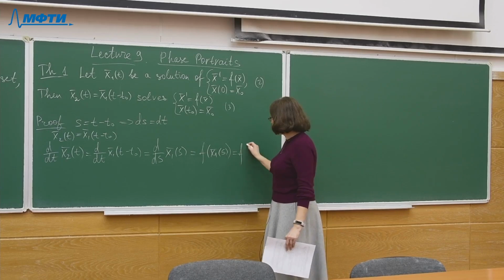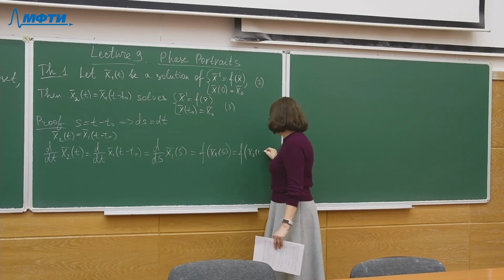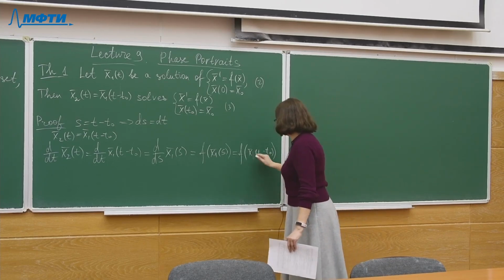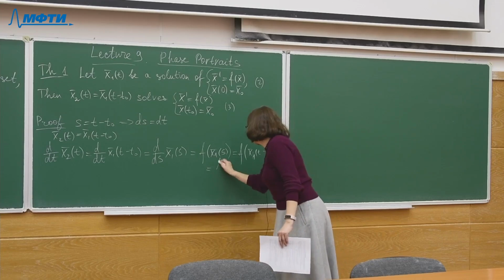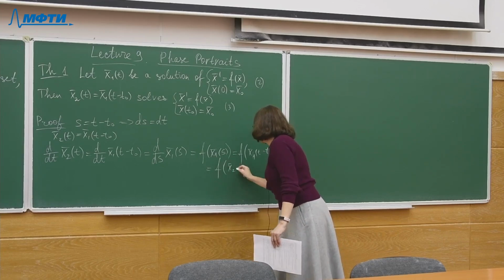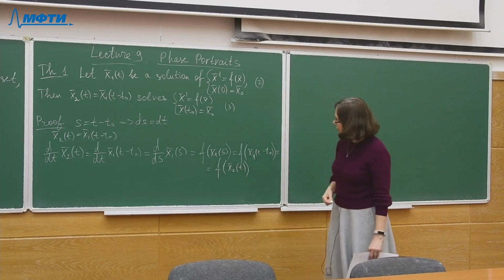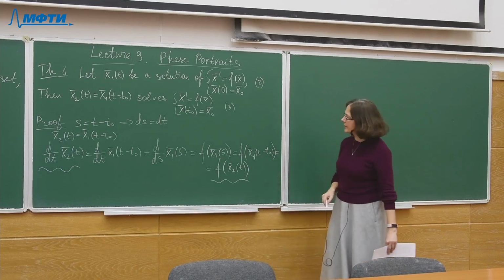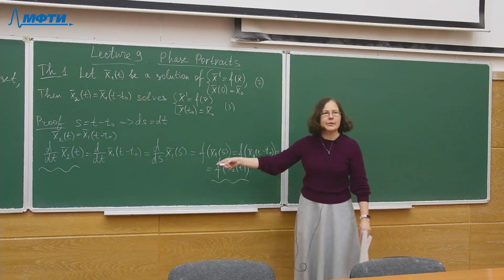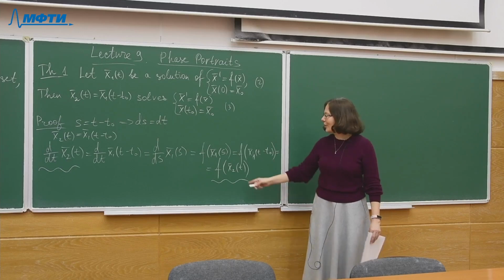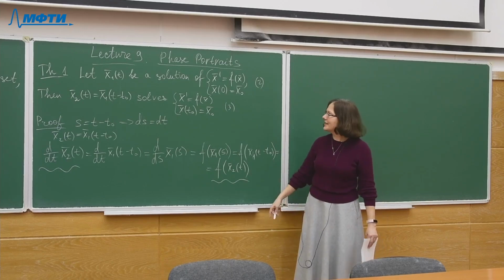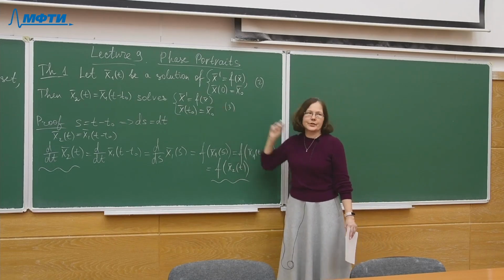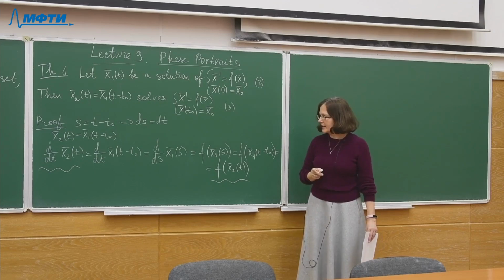But it is f of x1 of t minus t0, which is equal to f of x2 of t. So proved. I have started with this, and I have ended up with this. If we compare the beginning of this row and the end of this row, we can see that the function x2 satisfies this equation. This is the first step.